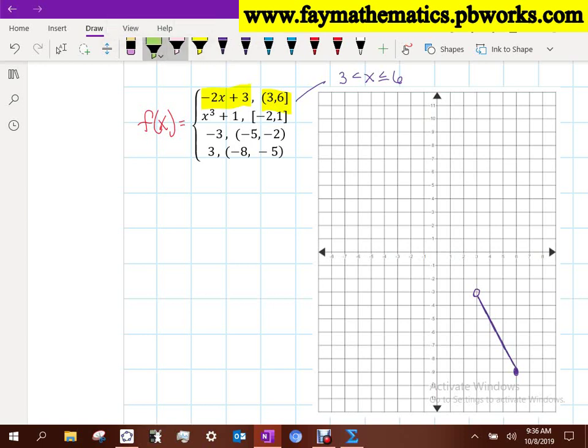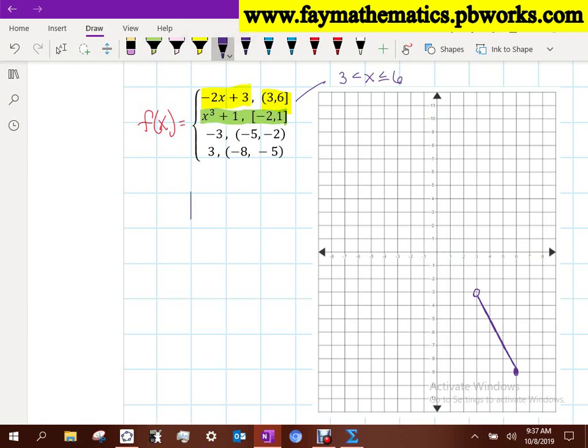Now, if we do this one, there's a couple ways you guys can do these. I would hope that you use the more efficient way, meaning that you remember from last year transformations a little bit. If I had x cubed, remember x cubed yesterday?